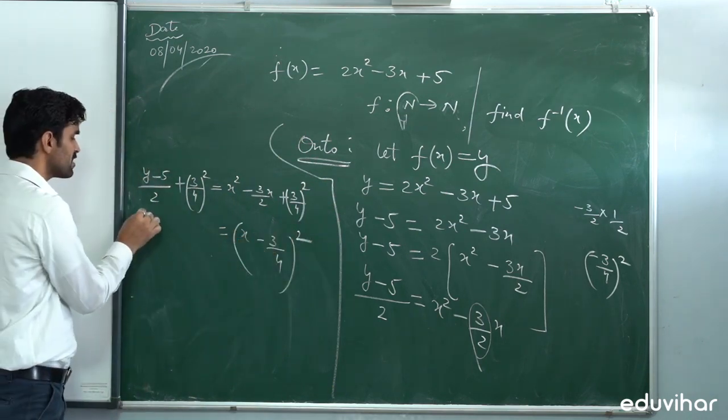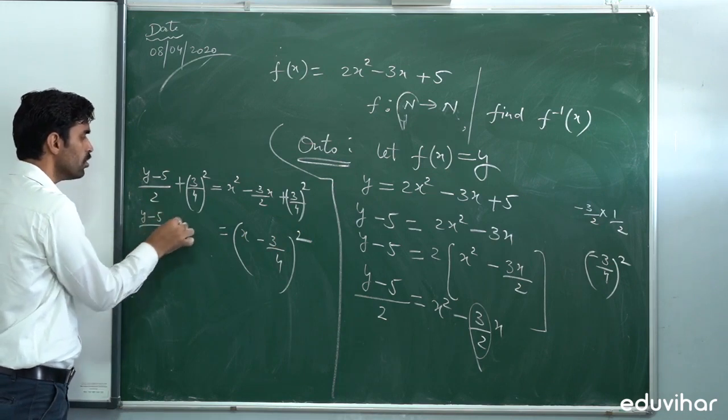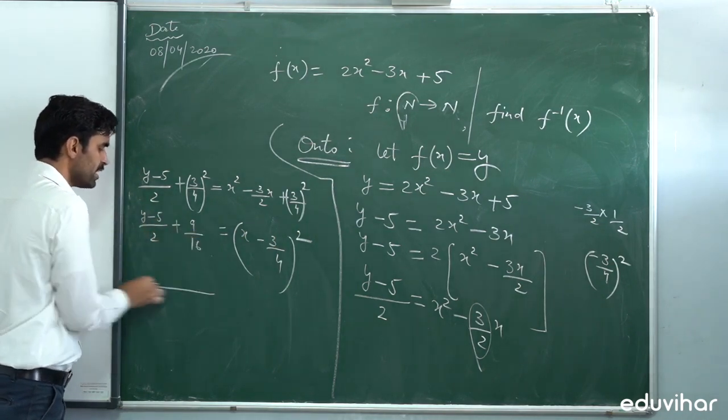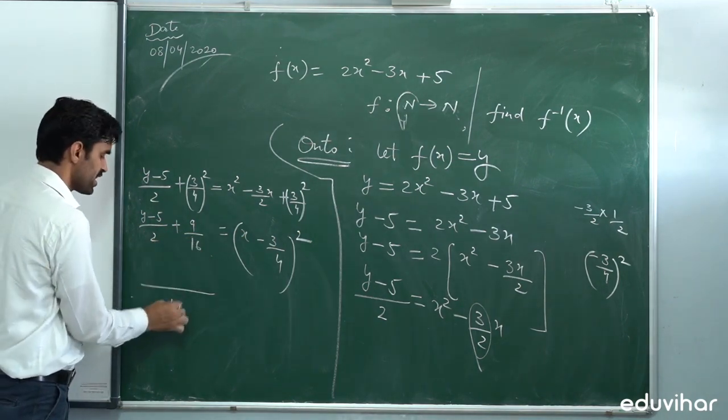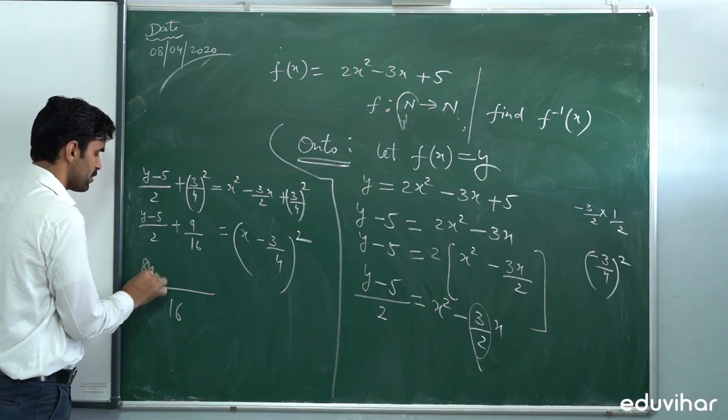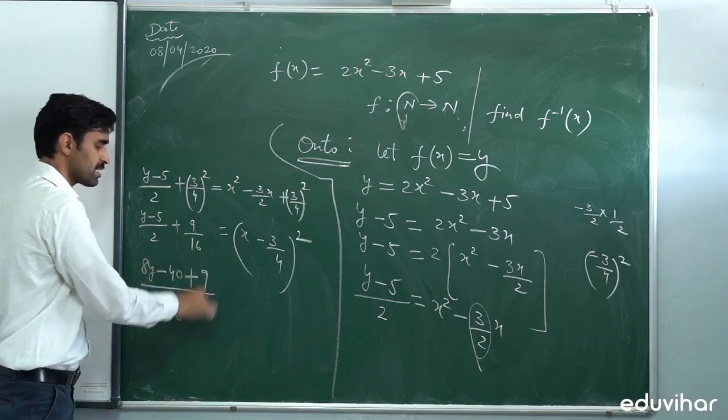Here we have the result as (y minus 5) upon 2 plus 9 upon 16. If we add them, the LCM of 2 and 16 is 16. 2 8s are 16, 8y minus 40 and plus 9.